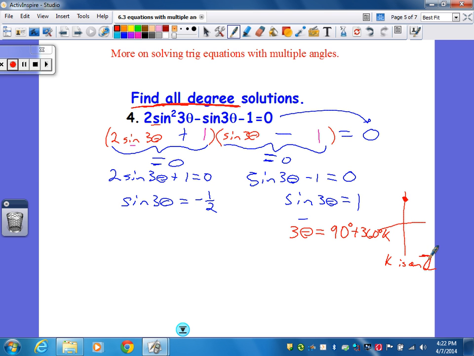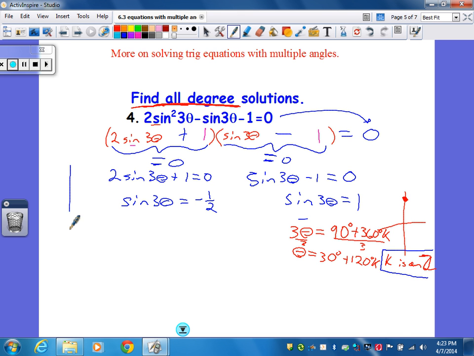Remember that weird symbol, bolded Z. I want to get theta by itself now, so if we divide this by 3, we get theta equals 30 degrees plus 120 degrees times k, once again for k being an integer.